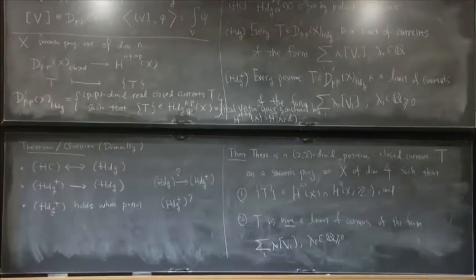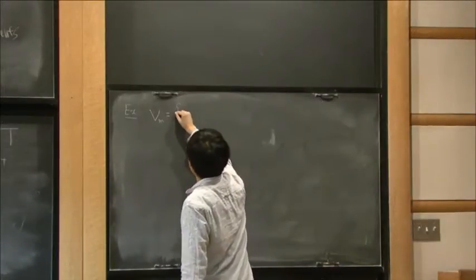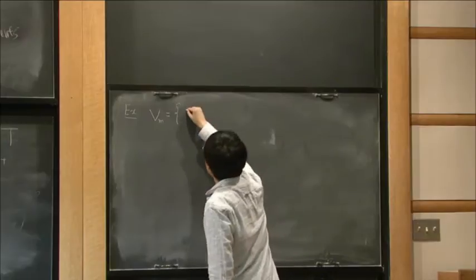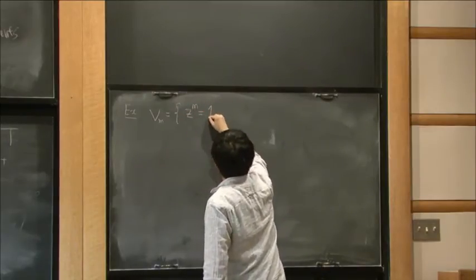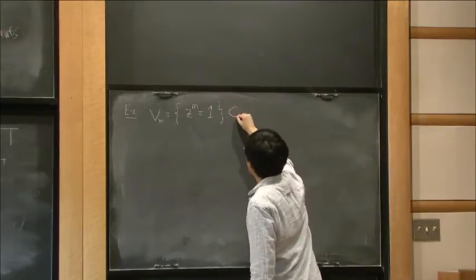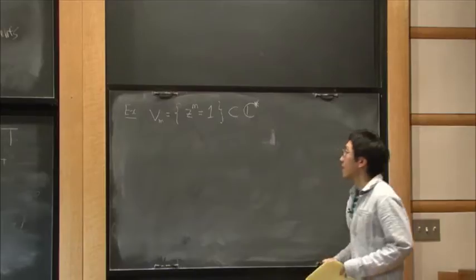So let's see from some simple examples how such currents might look. The first example would be given by a limit of subvarieties of this form that I'll write as V_m. This is a subvariety defined by one equation, z^m equals 1, a subvariety of C star.